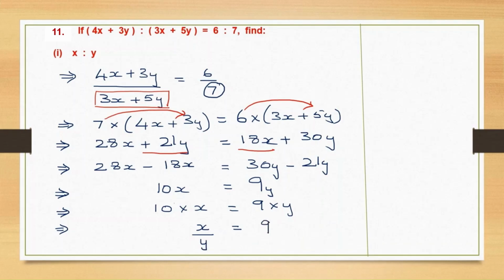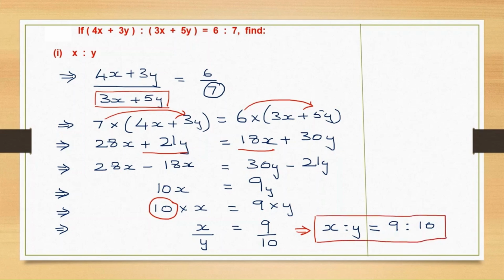Now I'm going to transpose 10 to the right hand side. Here it is multiplication. When it moves, it becomes division, 9 by 10. So this can be put as a ratio. x by y can be written as x is to y, that is equal to 9 by 10, which can be written as 9 is to 10. So we have found the answer. We were asked to find the value of x is to y, and that is 9 is to 10.